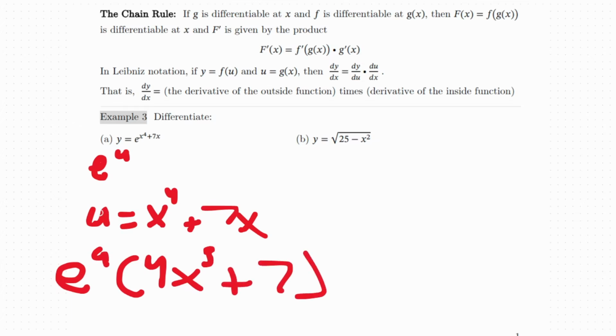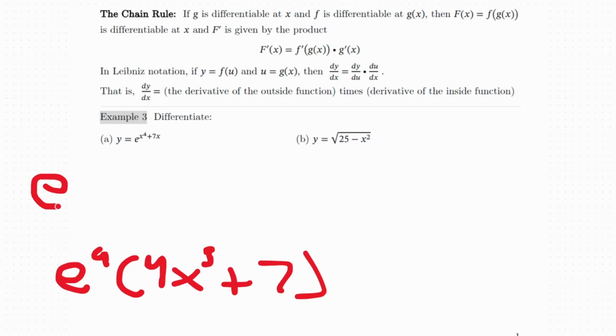And obviously we already found our u value right here, so all we're going to have to do is plug that in. Let me just erase some of this. So basically, it's just going to be e to our u power, which essentially was x to the fourth plus 7x here. So we have that u value, and then it's being multiplied by this.